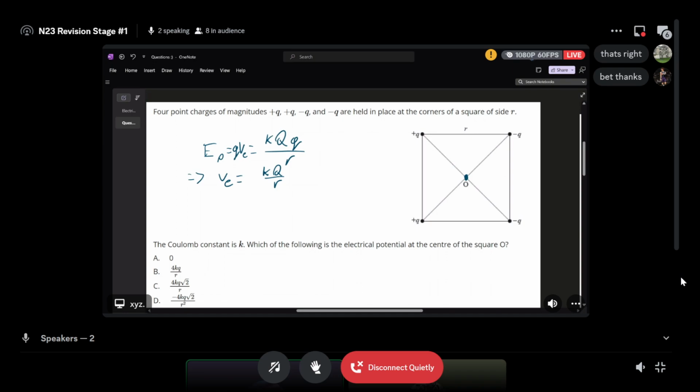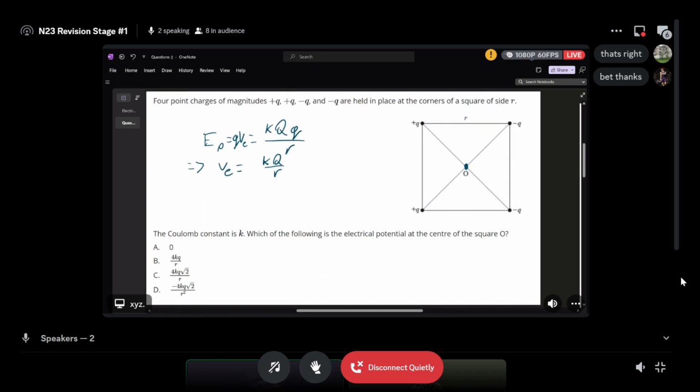So for the square, we have our positive charges here. First of all, a very good thing to do is just identify the symmetry of a problem.